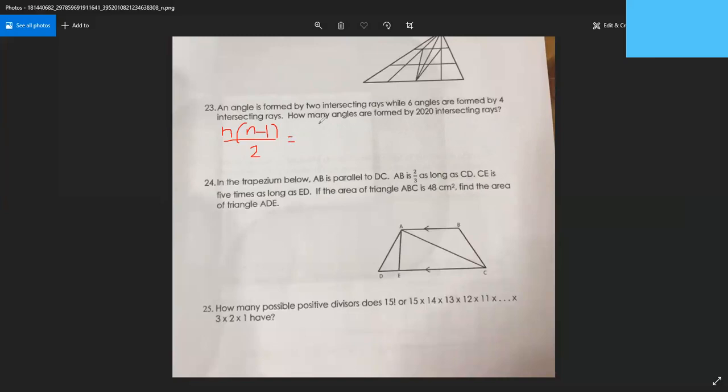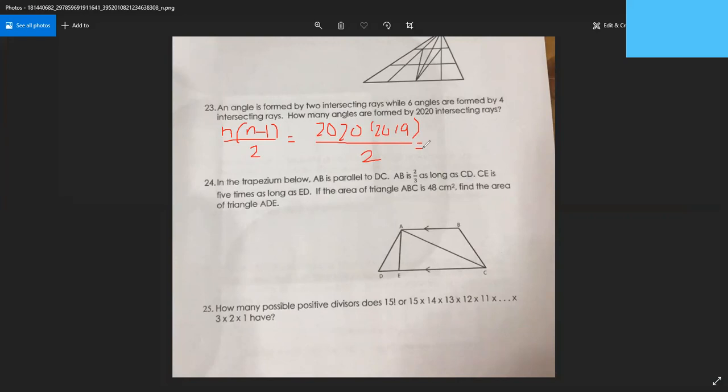So in this case, this would be 2020 times 2019 divided by 2. And this one, I am sure that you know how to do. I won't show the solution. I'm just going to use my calculator here.